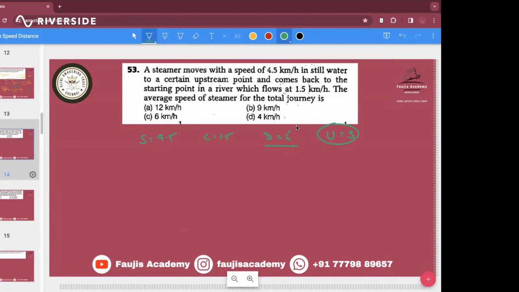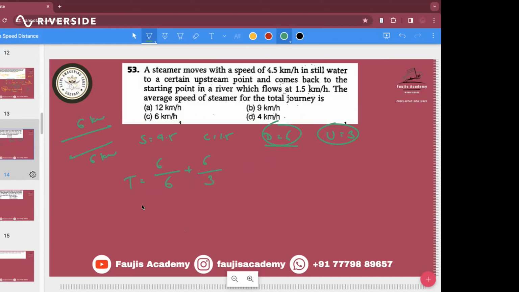Now, let us suppose the distance that the person is traveling is 6 kilometers and going back 6 kilometers. So how much time will he take? Time is equal to distance by speed. Downstream, 6 kmph, distance is 6.